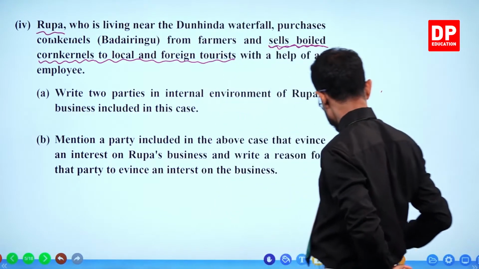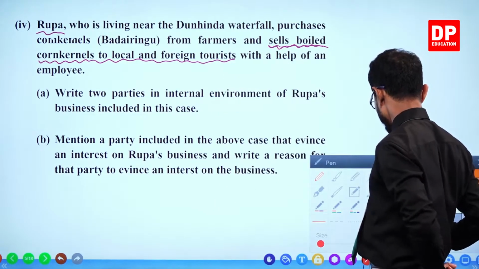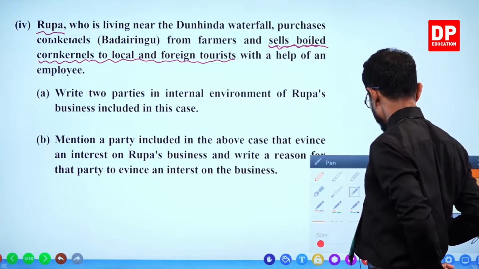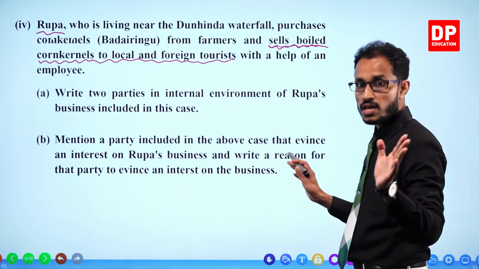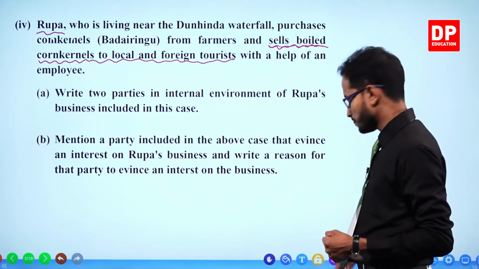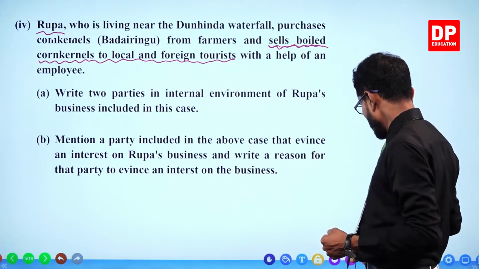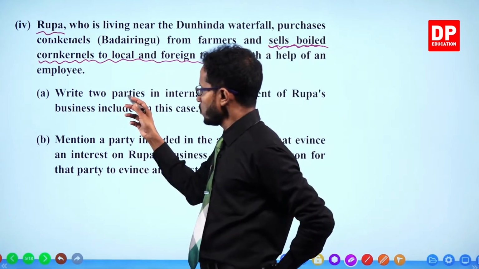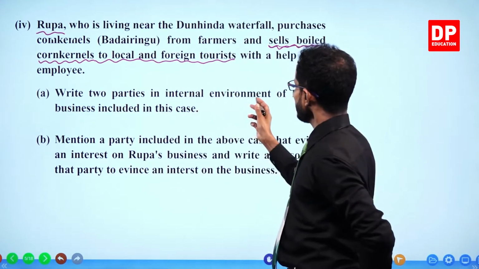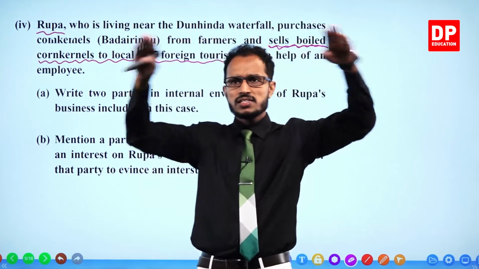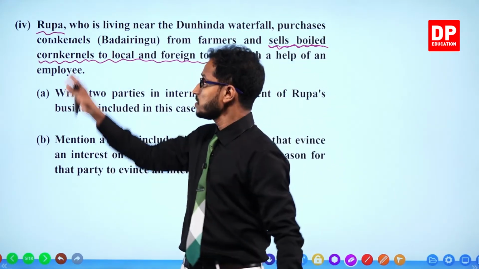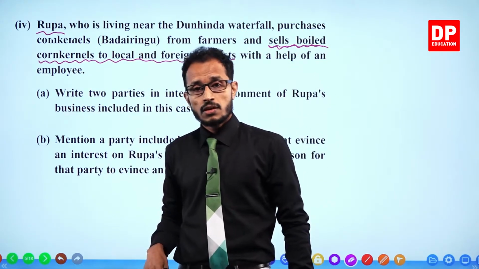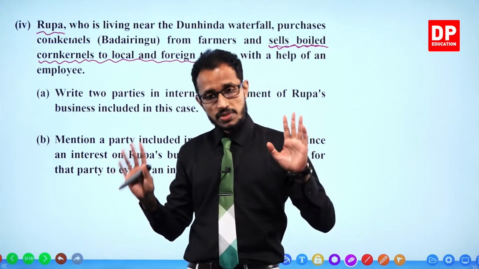Such an important understanding. If you still have doubts, clear them out. Understanding about business environments is very important. You know very well, internal environment means inside the business, inside Rupa's business, not inside Rupa, inside Rupa's business.